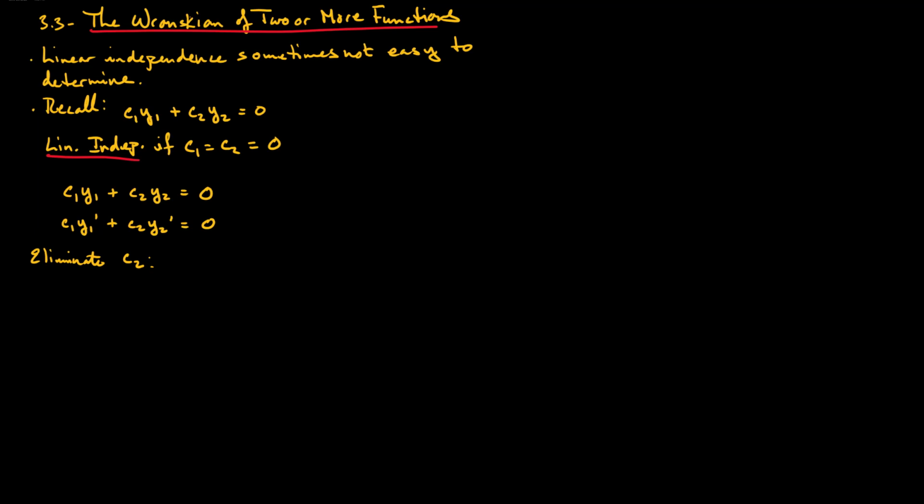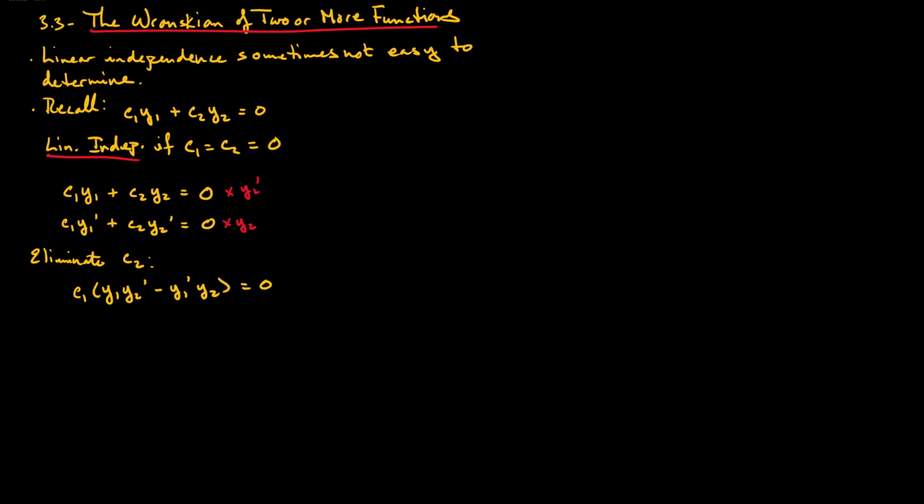So what we would do, we would multiply the second equation by y2 and the first equation by y2 prime. And what that would lead us to is c1 times (y1 y2 prime minus y1 prime y2) is equal to 0.